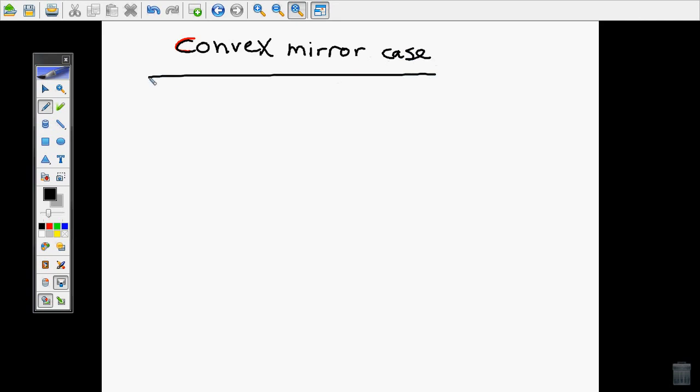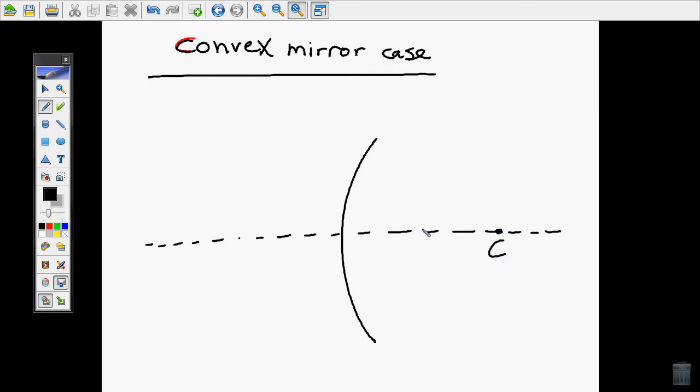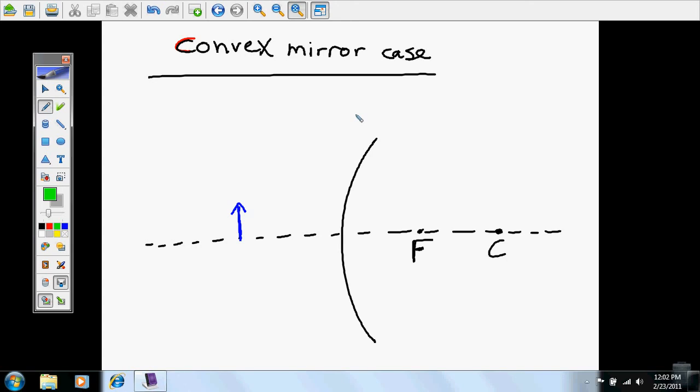There's only one convex mirror case. Convex mirror. I can put the object anywhere I want out in front of the convex mirror. Remember, this is the side with the mirror.